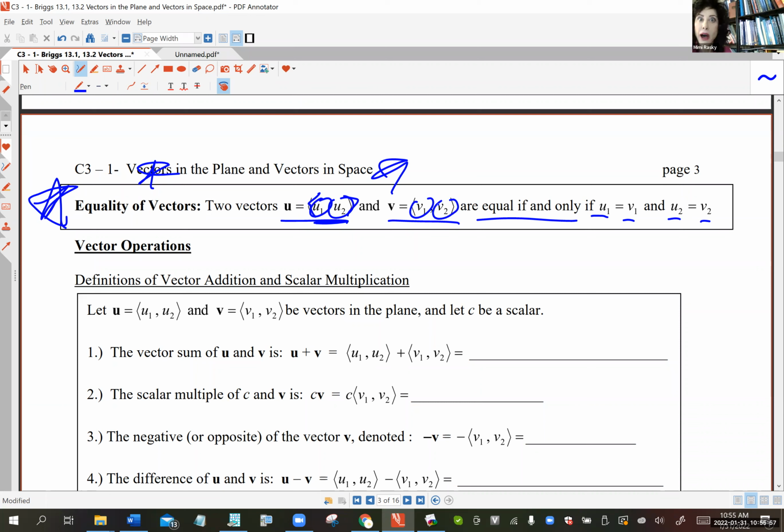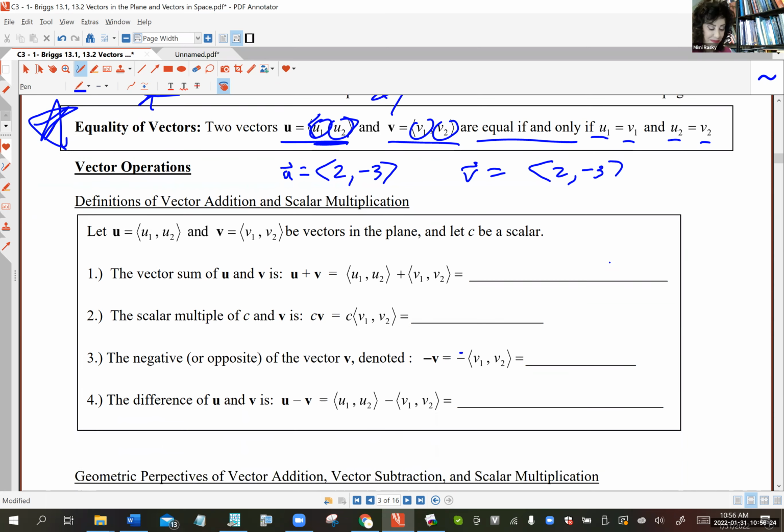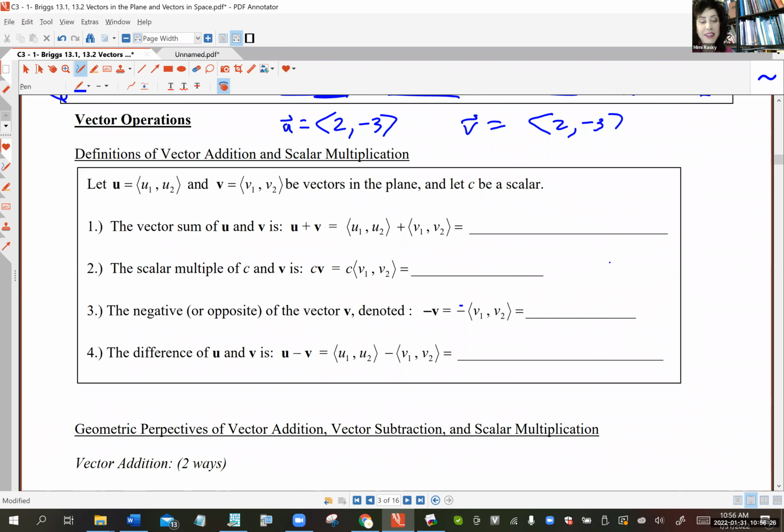And you might go, well, duh, for example, the vector 2, -3, let's say there's U, would be exactly equal to the vector V, 2, -3, right? Well, yeah, of course. And that's why I'm saying you're probably thinking that this is not a very smart definition, but you'll see where it's going to save us. It's a simple concept and necessary. Now let's do some vector operation stuff.